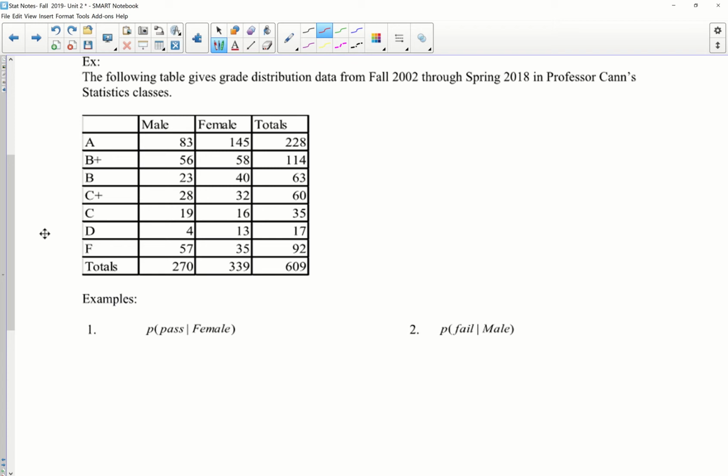Well, at first glance, it looks like the females did a lot better than the males for the A's. So sorry, guys, you're out of luck. I think you're getting an A. Nah, if you look at the quantity, look at the total number of males versus females, you would expect a little bit of disparity, right?